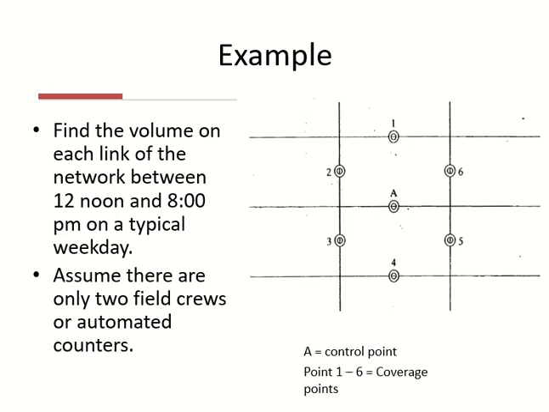So now what they want to do in this study, they want to find out an 8-hour count. This is not 4 hours. We don't go back in time. 12 noon to 8 p.m. So this is an 8-hour count on a typical weekday. What is the typical weekday? Any weekday.